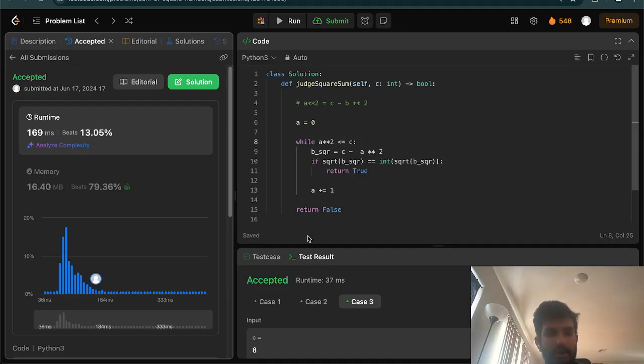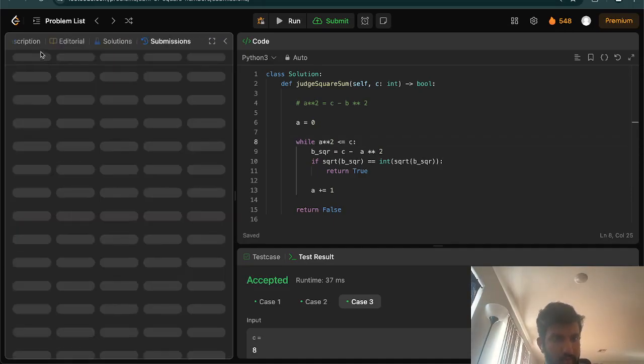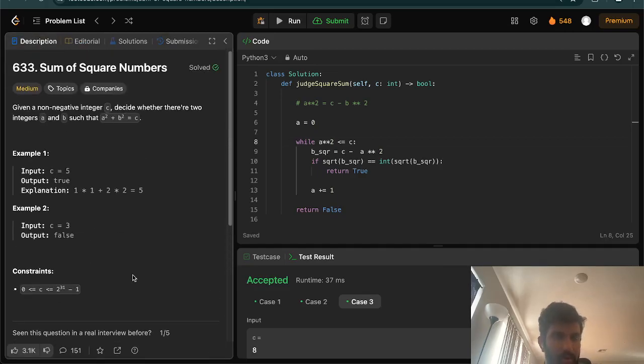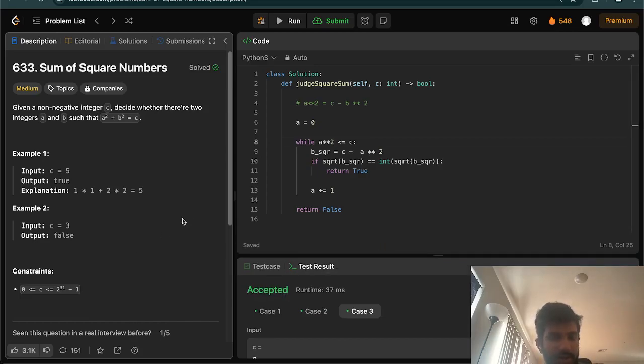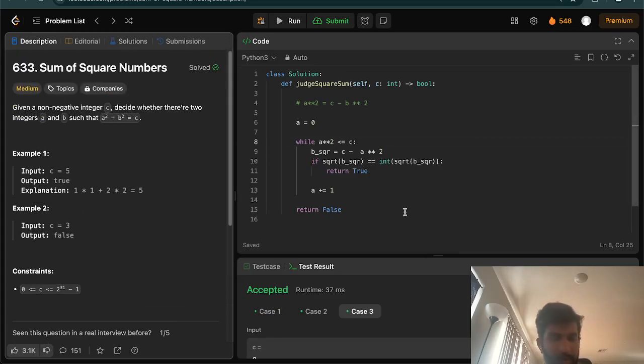Now I believe there's another way we can do this with binary search. I looked into the solutions before, and thinking about this problem, it's a binary search that we can do.